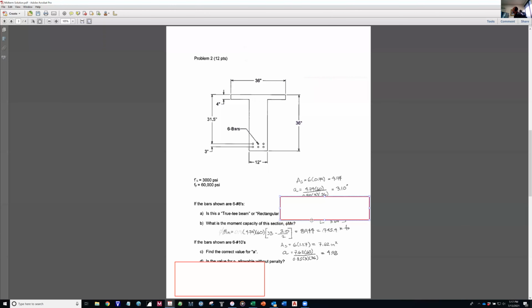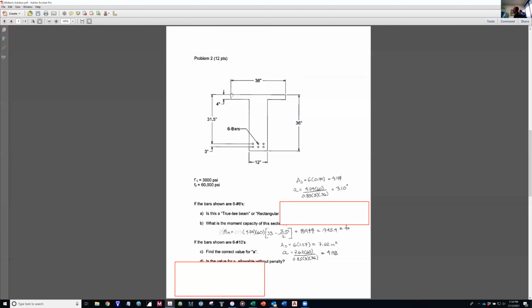Part B is a little different. It didn't say phi in. I said, what is the nominal capacity of this section, Mn? So Mn is equal to AsFy times d minus a over 2. Now d, again, some folks had trouble with d. d is the centroid of your steel.